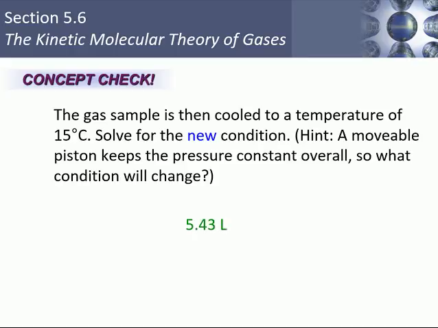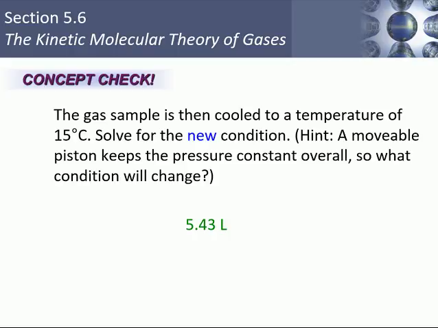All right, I hope we got 5.43 liters of volume. Again, here you would use Charles' law that relates volume and temperature. V1 over T1 equals V2 over T2, and you simply solve for the new volume.